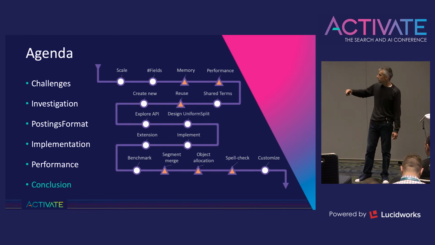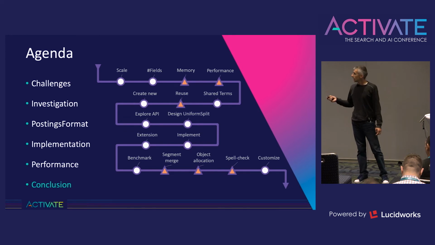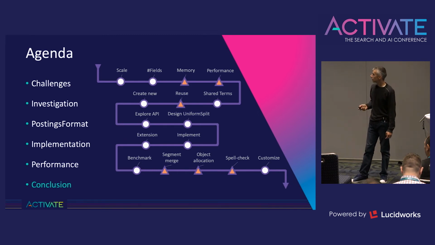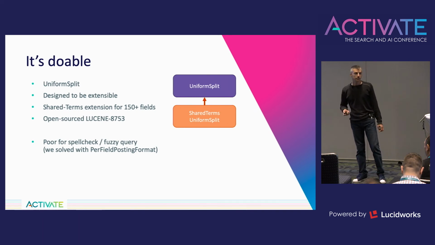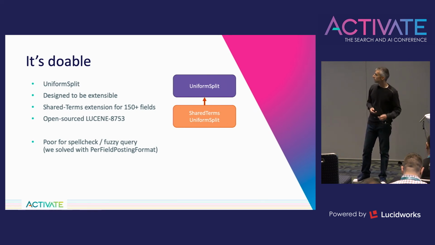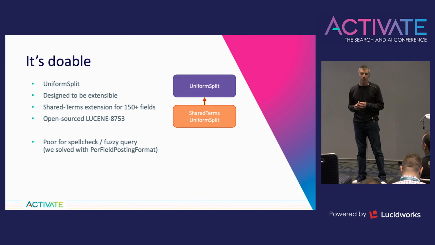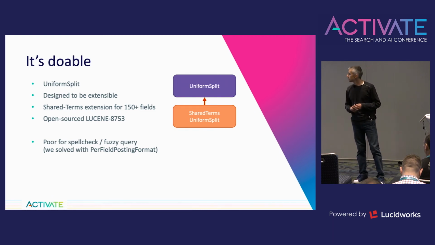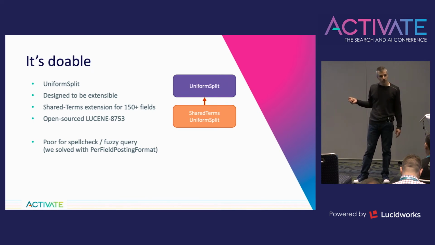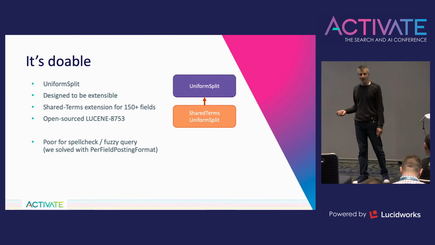We saw the performance, all the challenges, and now can we get some outcome of the journey and have some takeaways? Yes, it's doable. We have UniformSplit designed to be extensible, and actually we hope it will be extended to other purposes. We have the short term extension to support a massive number of fields, and it is open source since last week.